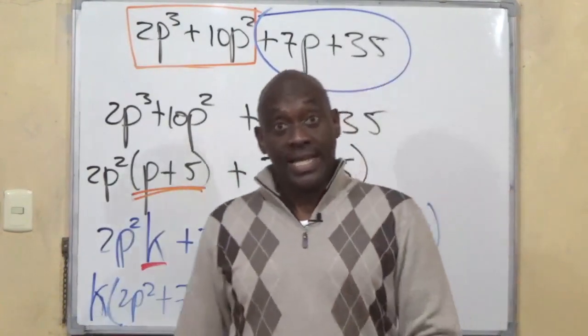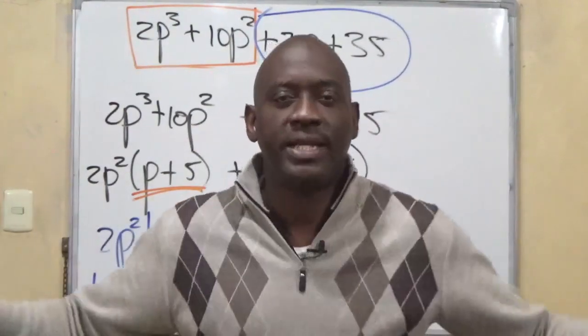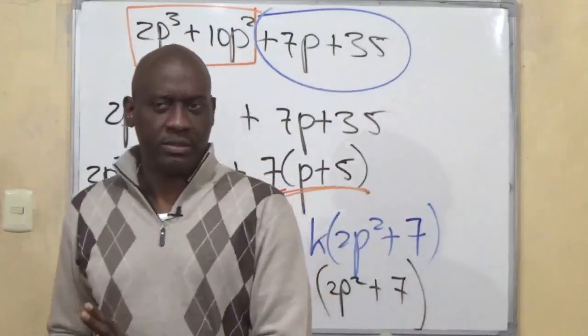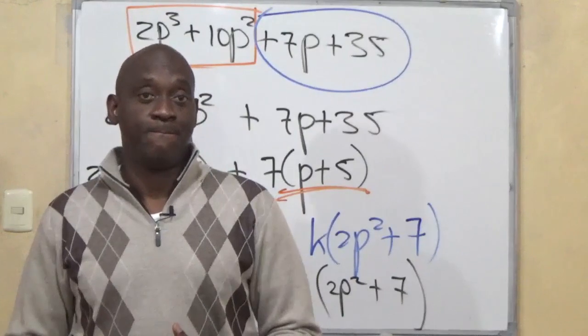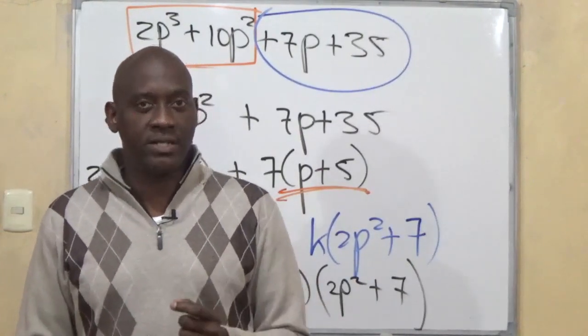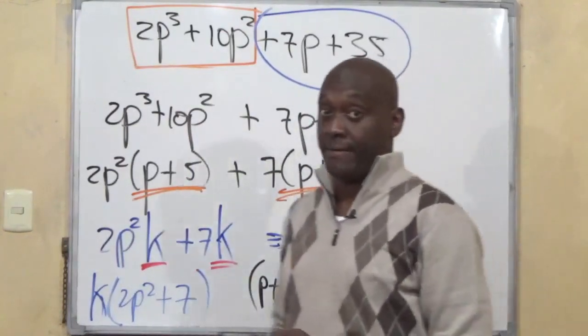In other words, you have a common thread, a common factor running through the entire expression, that now you could take out as part of a process of factorization and get the answer, the factorized version of the original expression.